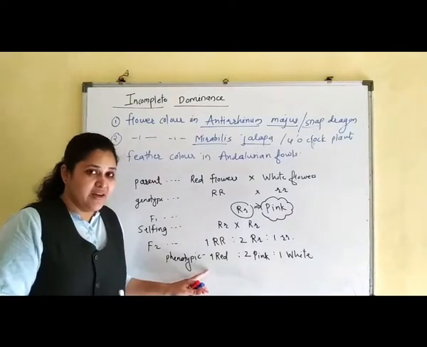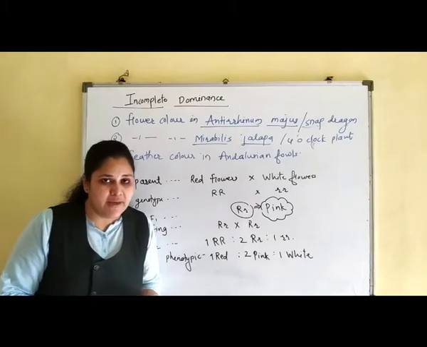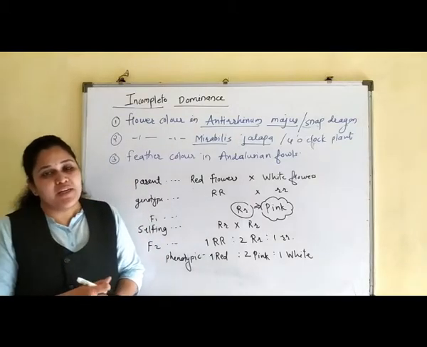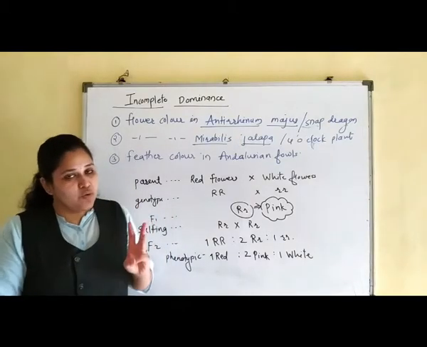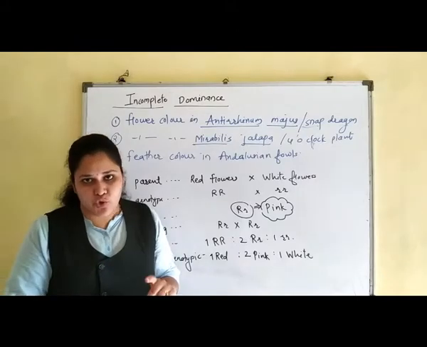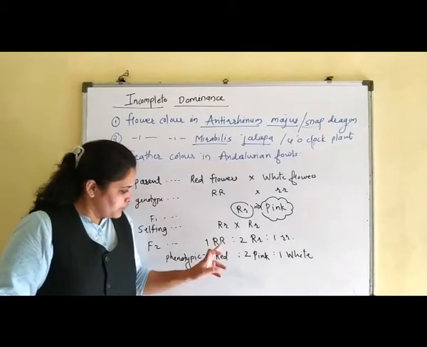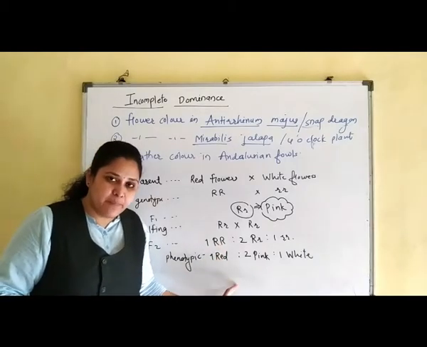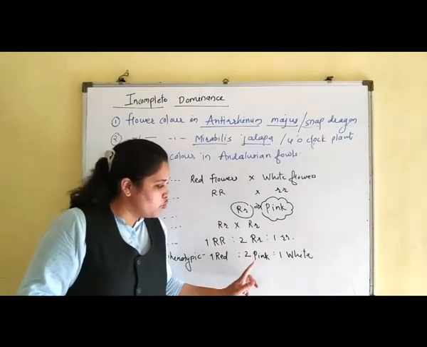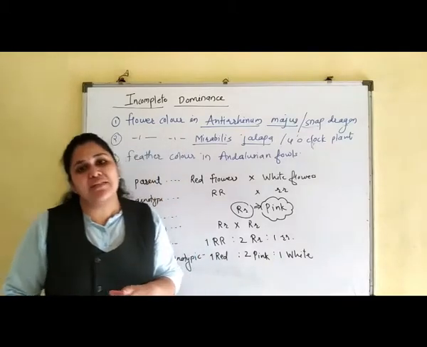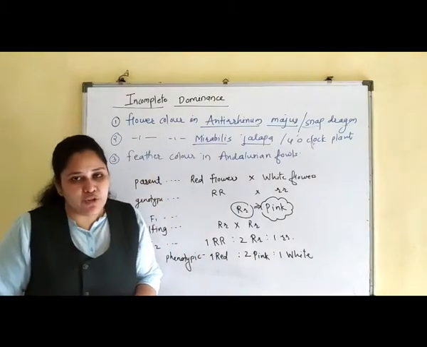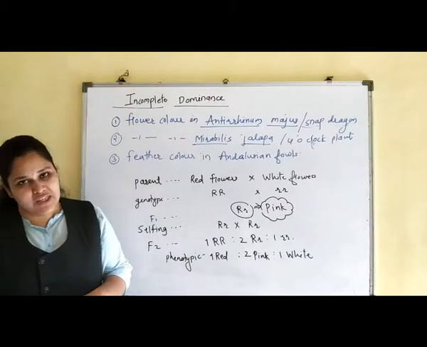Is it varying? Definitely. In case of Mendel, the phenotypic ratio is 3:1, and the genotypic ratio is 1:2:1. Fine. In case of intermediate dominance, both phenotypic and genotypic ratios are 1:2:1 because hybrids show an intermediate phenotype of the dominant and recessive parent.